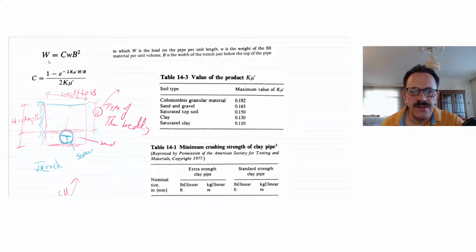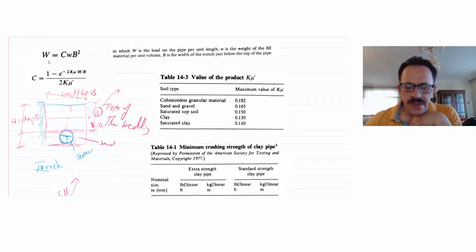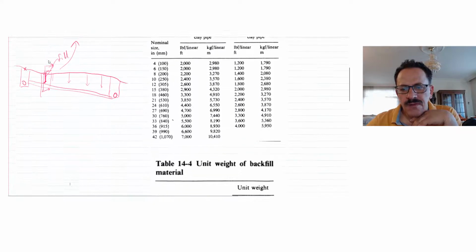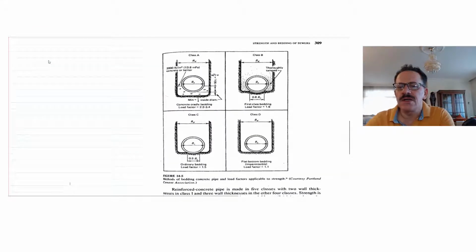After the sand there will be a 30 centimeter filling, then ordinary filling, and there is another kind of bedding. And the standard bedding that we have, we have to go with those kinds of bedding.